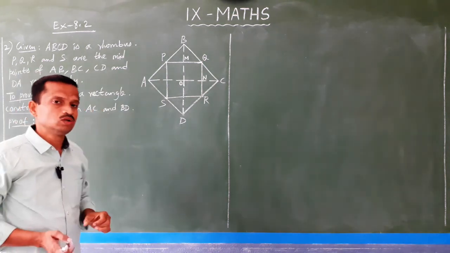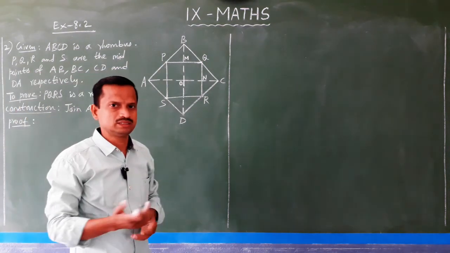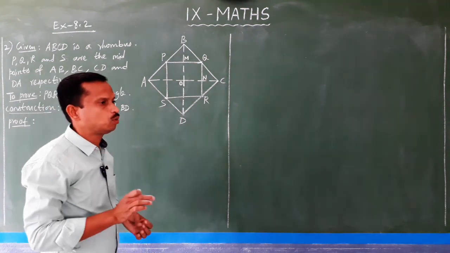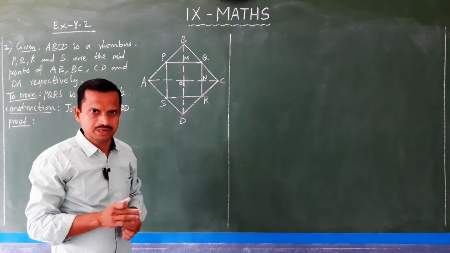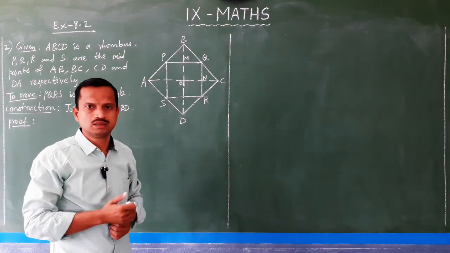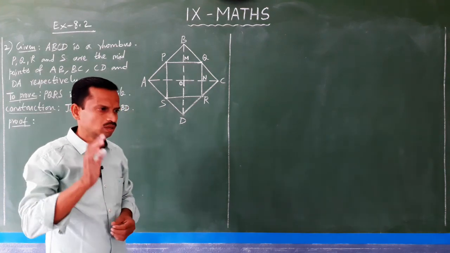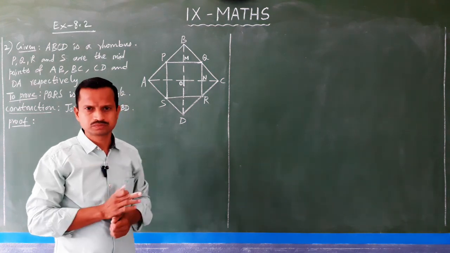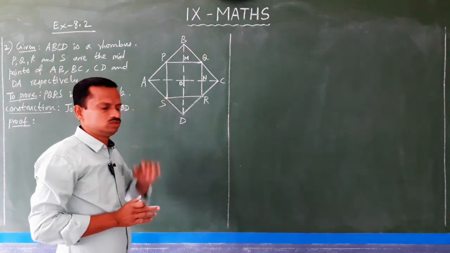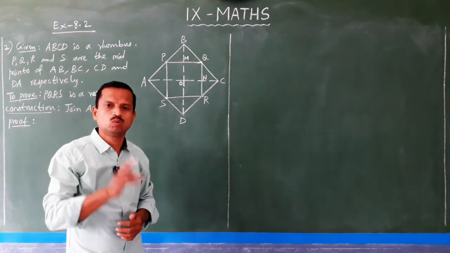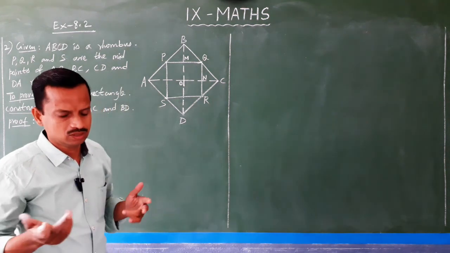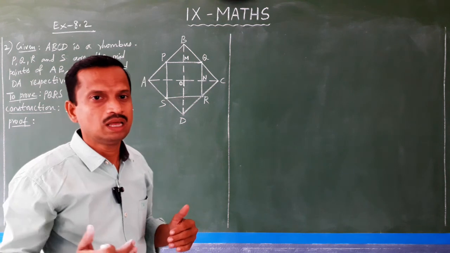To say a quadrilateral is a rectangle, we need opposite sides equal and one angle 90 degrees. If one angle is 90 degrees, then all the remaining angles are 90 degrees. So we have to show that in PQRS opposite sides are equal and one angle is 90 degrees. Then we can say PQRS is a rectangle.